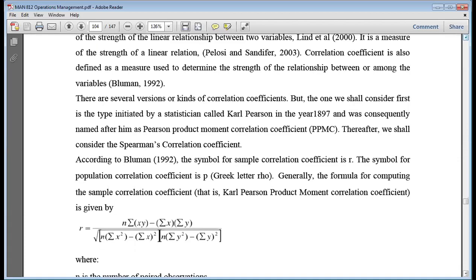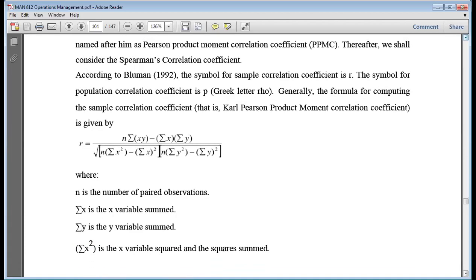So the formula for getting that R coefficient is N, meaning the number of items, or depending on what you want to use, times summation of XY. XY means the two variables, X and Y, minus summation of X times summation of Y, all over the square root of N times summation of X square minus summation of X in bracket square, times the same for Y. This is the formula.